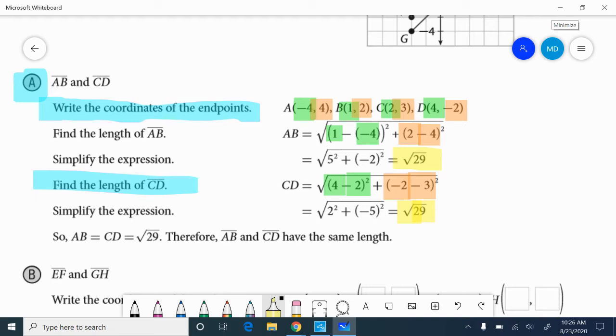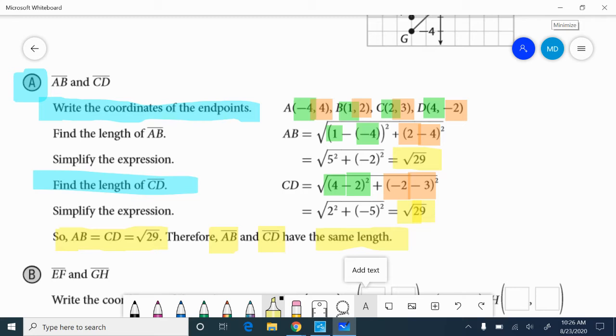And notice we're leaving it as the square root of 29. We're not going to approximate that into something else. The square root of 29 is an irrational number, so leaving it as the square root of 29 is an exact answer. And so we can conclude mathematically that AB is equal to CD, which is equal to the square root of 29. That is, segment AB and segment CD have the same length.